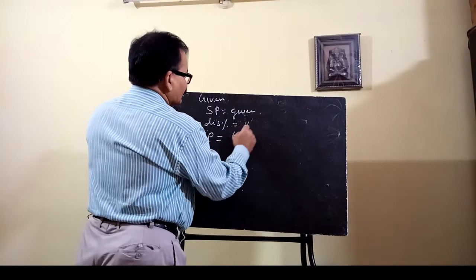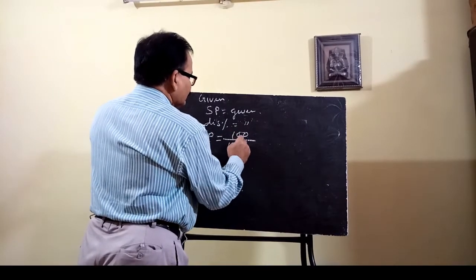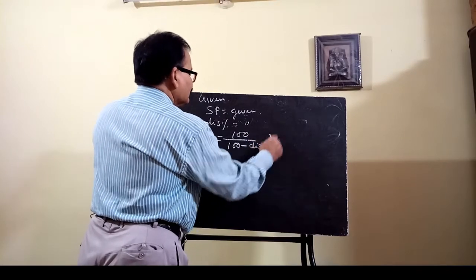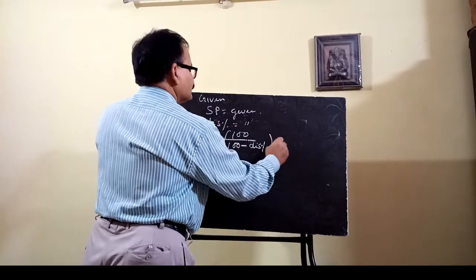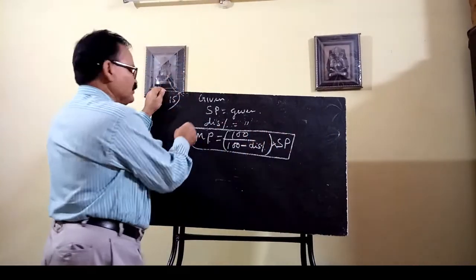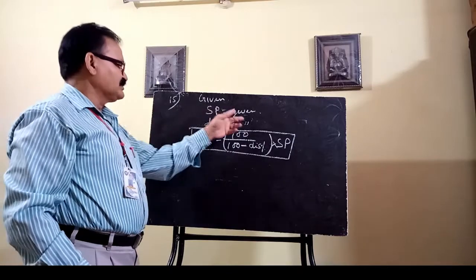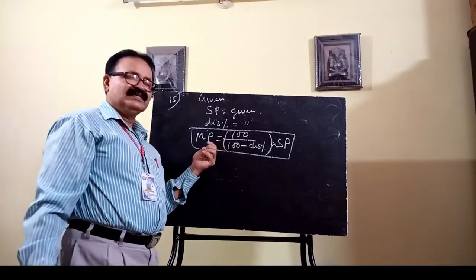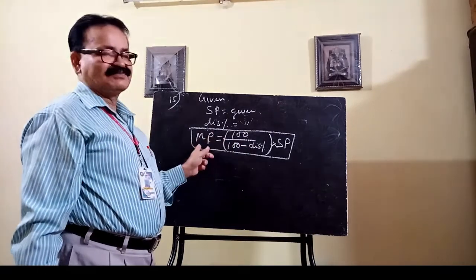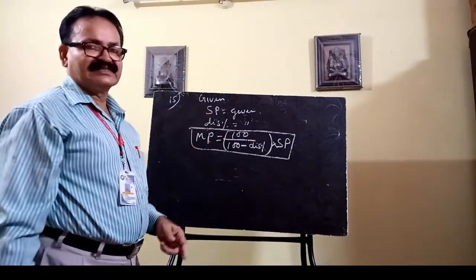MP can be calculated by 100 divided by 100 minus discount percent, into your SP. You will be able to get the MP directly. SP is given, discount percent is given, you can calculate your MP directly by using this formula.